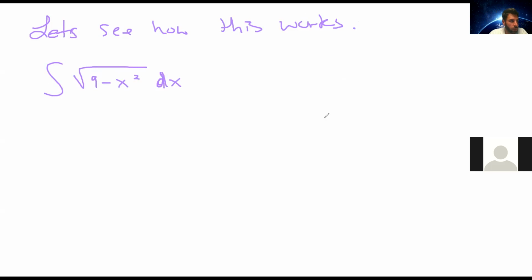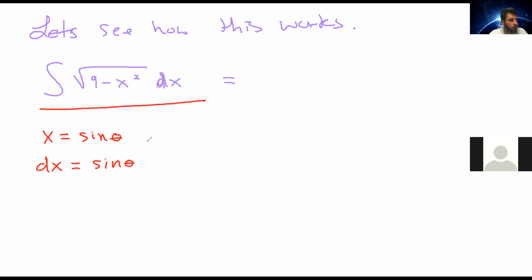So what I'm going to do is set, as we suggested, x equal to the sine of theta. And if I set x equal to the sine of theta, that's the same as dx being equal to the cosine of theta d theta.